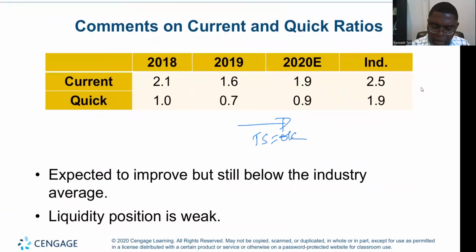But as far as cross-sectional analysis is concerned, the company seems to be performing poorly. They are way below the industry average. So the liquidity position of this company is weak.